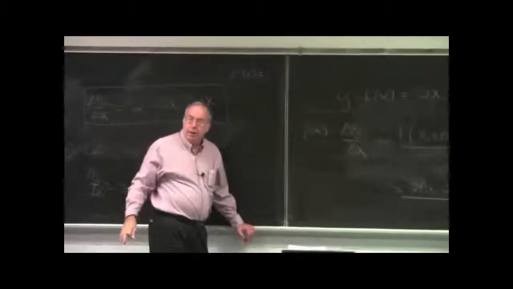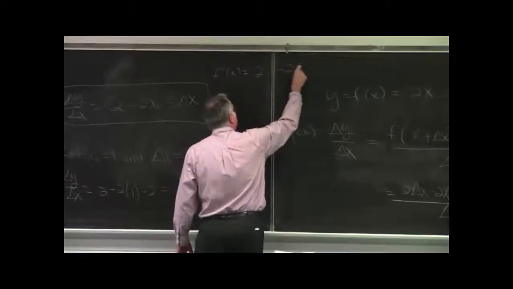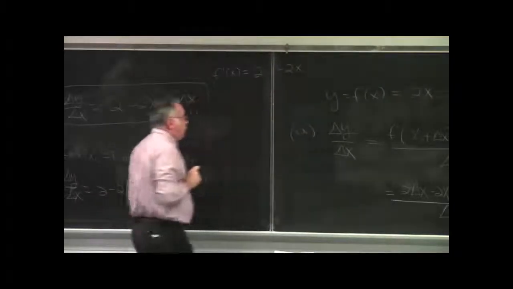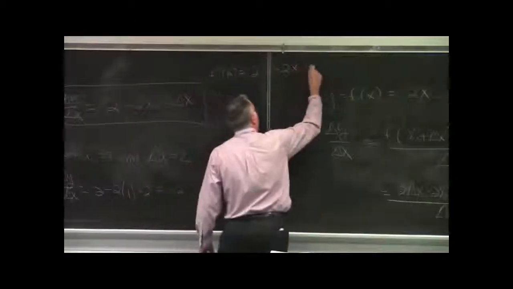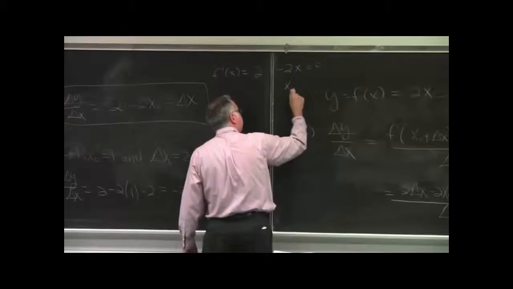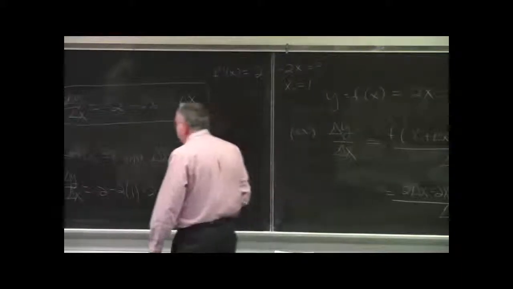William? It's 2 minus 2x. Suppose we want to know where the slope of the function is 0. Then we would just set this first derivative equal to 0, and what we would get is x sub 0, the critical value, is equal to 1. So we know the slope of the function is 0 at x equals 1.